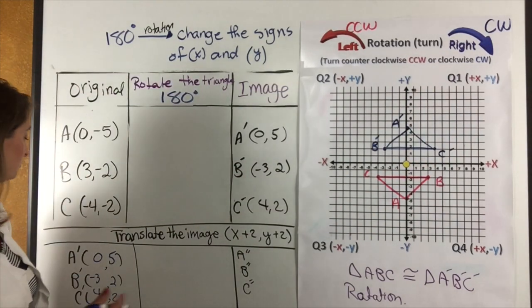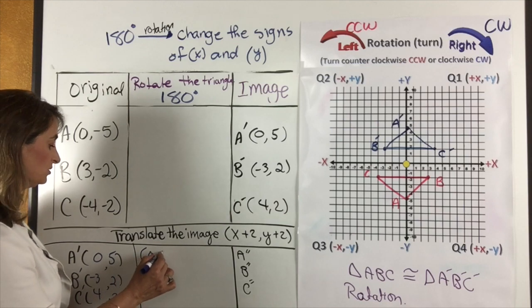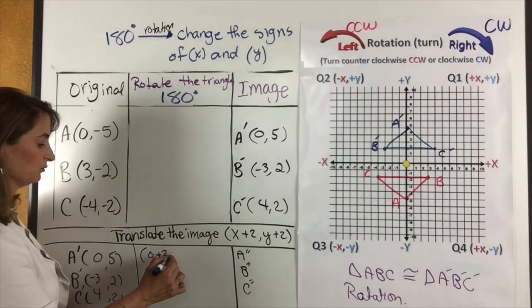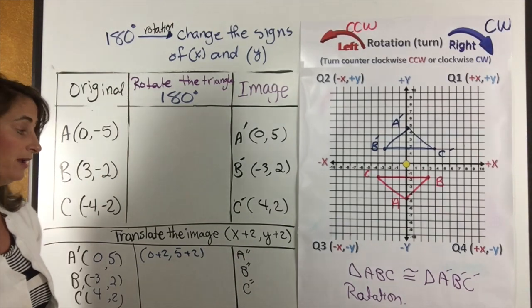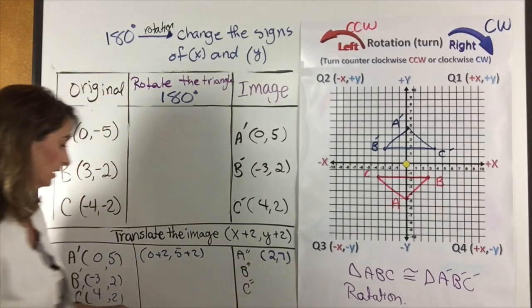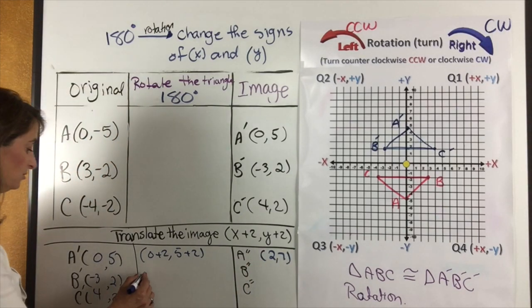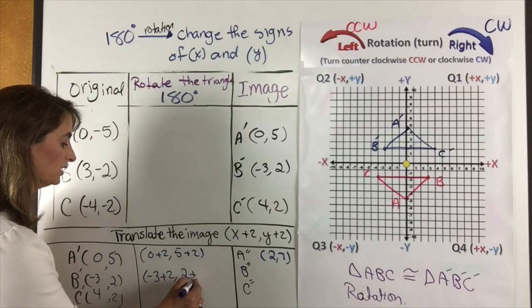Or you can apply the rule: x plus 2, so 0 plus 2, and y plus 2, so 5 plus 2, and you end up with A double prime at 2 and 7. B prime is negative 3, 2, so negative 3 plus 2, and 2 plus 2.